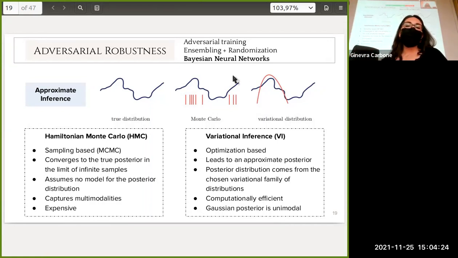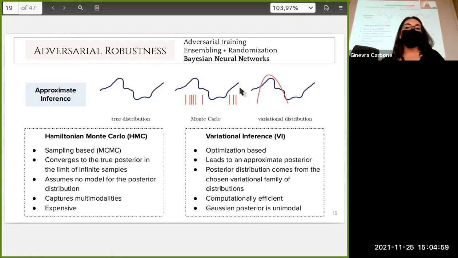And the nice thing about this technique is that in the limit of infinite samples, so if we take an infinite number of points, then this procedure converges to the true posterior distribution. And also it assumes, as we said, no model for the posterior, so it only takes single samples. And it's very good at capturing multimodal distributions. The problem with Monte Carlo techniques is that they are on the more expensive side.